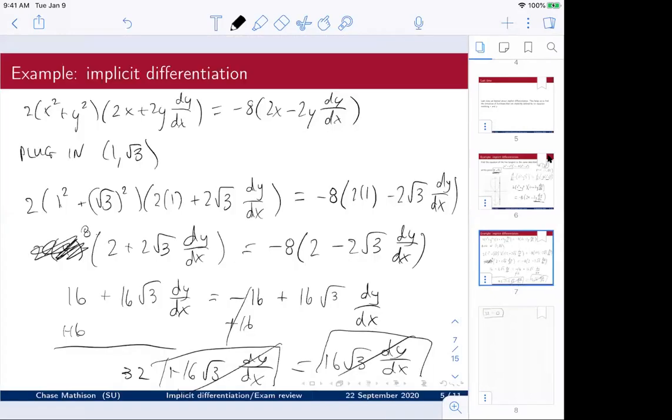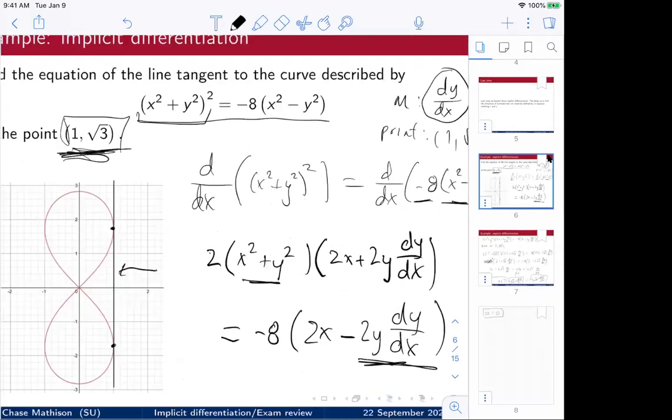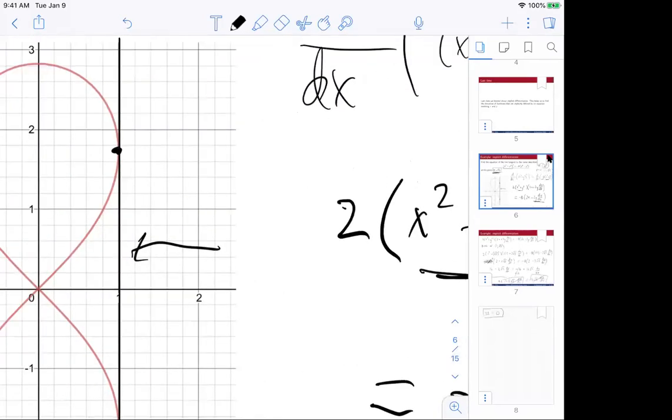Here we do have a tangent line, right? And the tangent line is equal to what? What is this line? x equals 1, exactly. This is just x equals 1 is the tangent line.